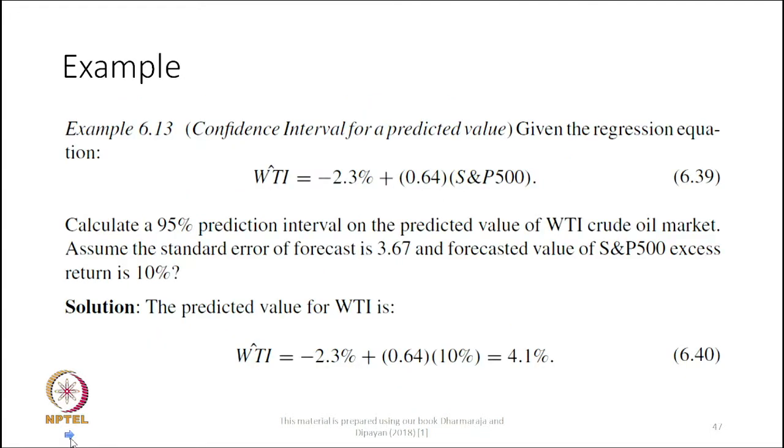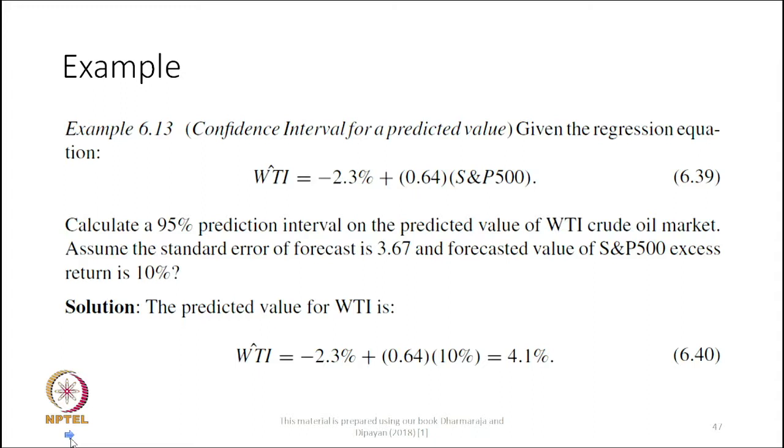Now, we have another example. Consider the regression equation WTI cap equal to minus 2.3 percentage plus 0.64 S&P 500. The question is to calculate the 95 percentage confidence interval on the predicted value of the WTI crude oil market. Assume that the standard error of forecast is 3.67 and the forecasted value of S&P 500 excess return is 10 percentage. So, use this information to find the 95 percentage confidence interval.